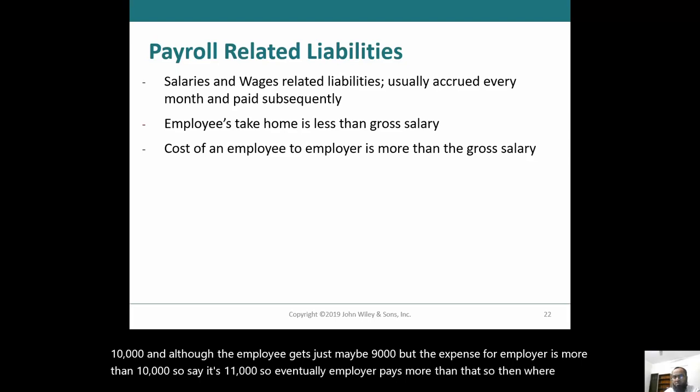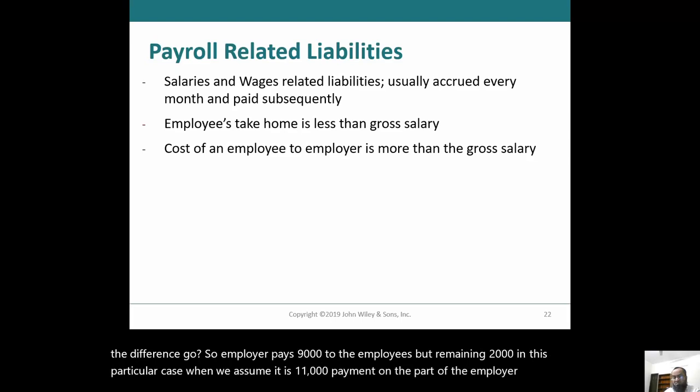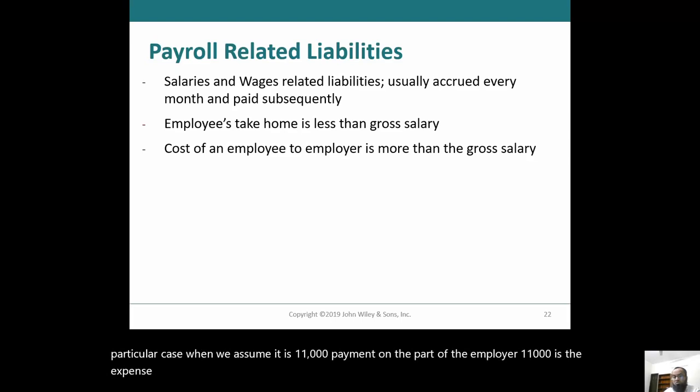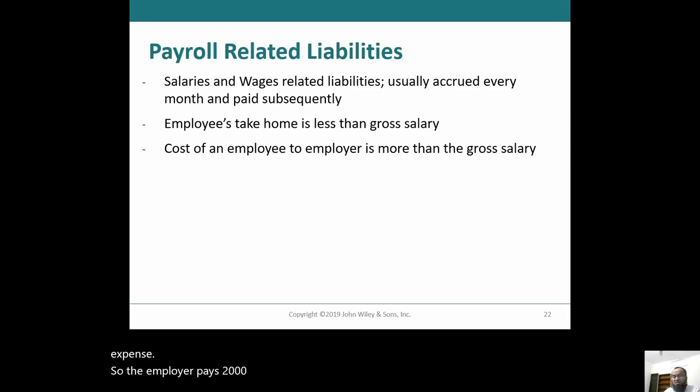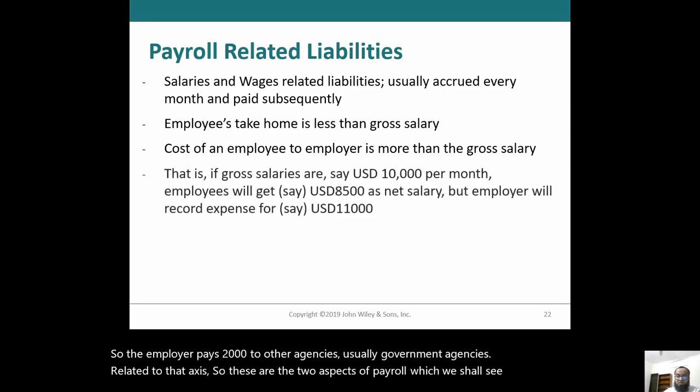The employer pays 9,000 to the employees, but the remaining 2,000 in this particular case, when we assume 11,000 is the expense, the employer pays to other agencies, usually government agencies, related to taxes. These are the two aspects of payroll which we shall see in the accounting part.